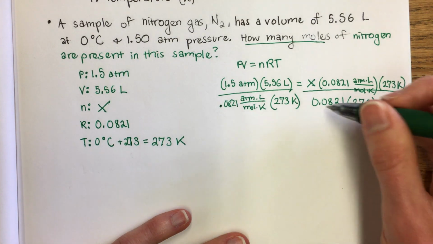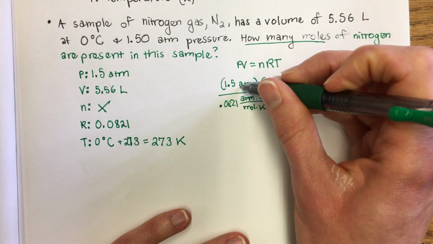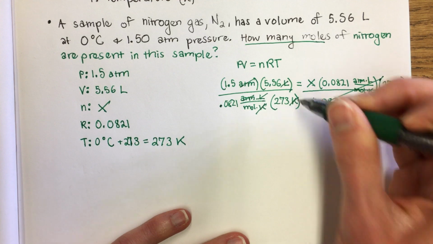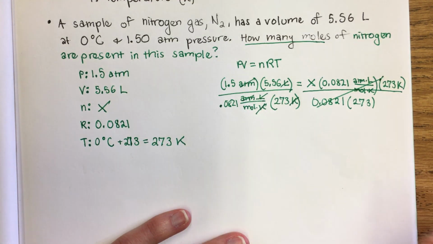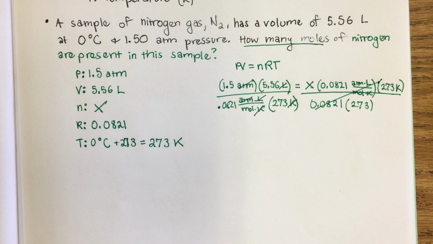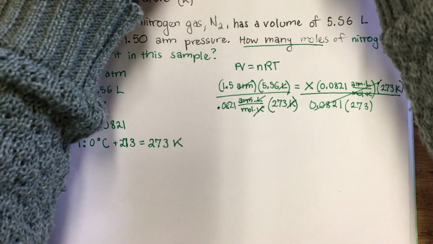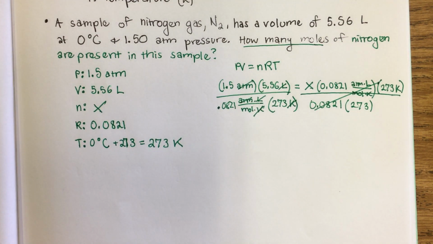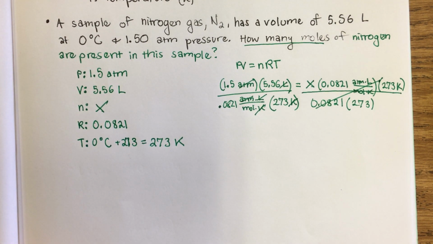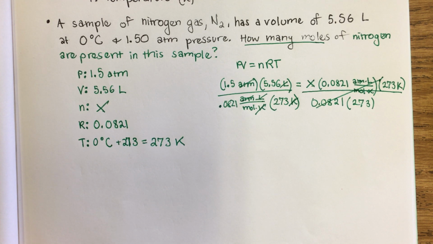Now the math is a little bit tricky here, but I hope you can see that all of these units cancel except for moles, and moles actually ends up on the top. I'm going to solve this on my computer. So we do 1.5 times 5.56 divided by 0.0821, and then also divided by 273.